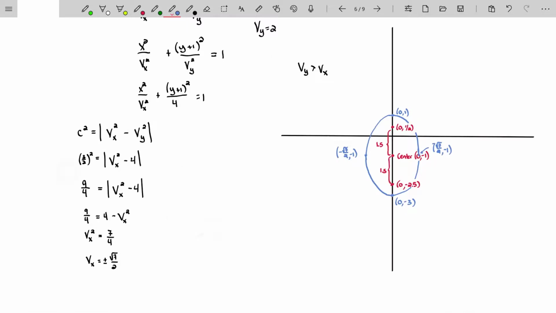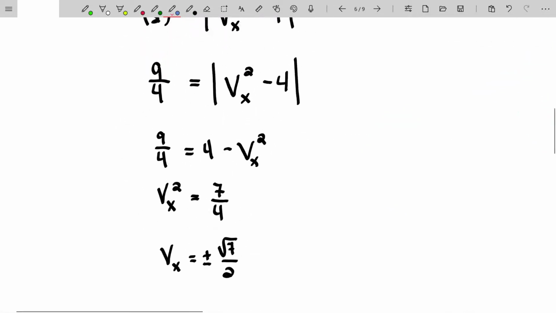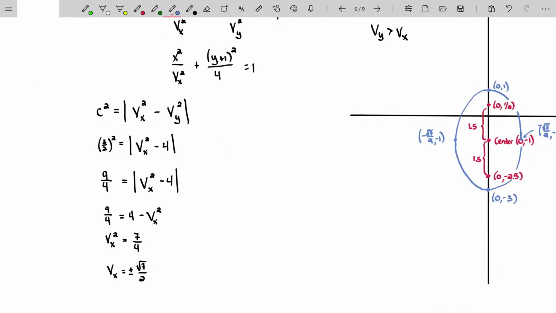If I know that v sub x squared is 7/4, then I know my equation is x squared over 7/4 plus y plus 1 quantity squared over 4 is equal to 1. And you really should not leave it like this, honestly.